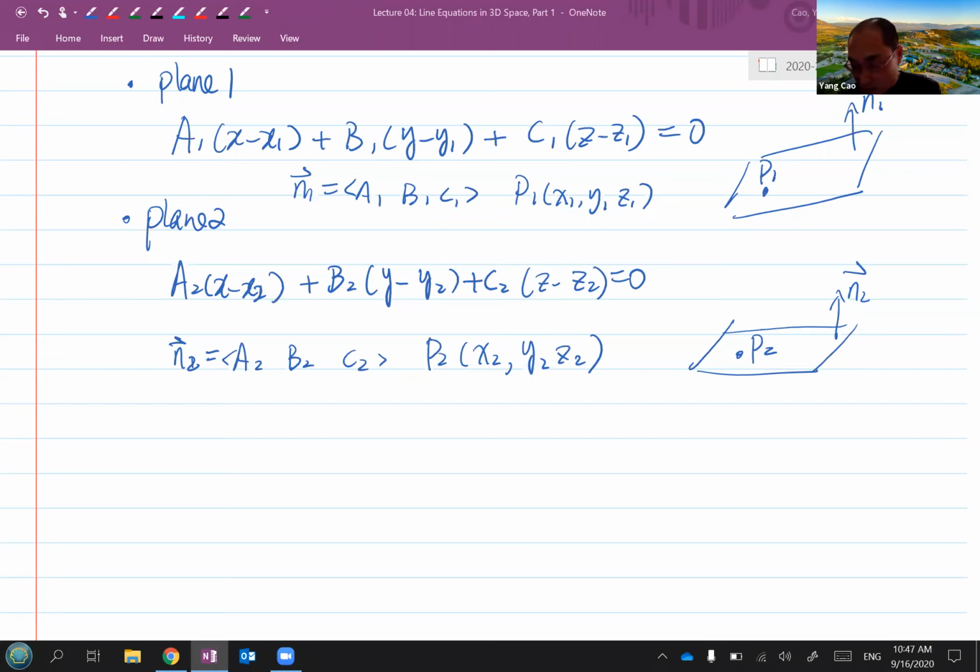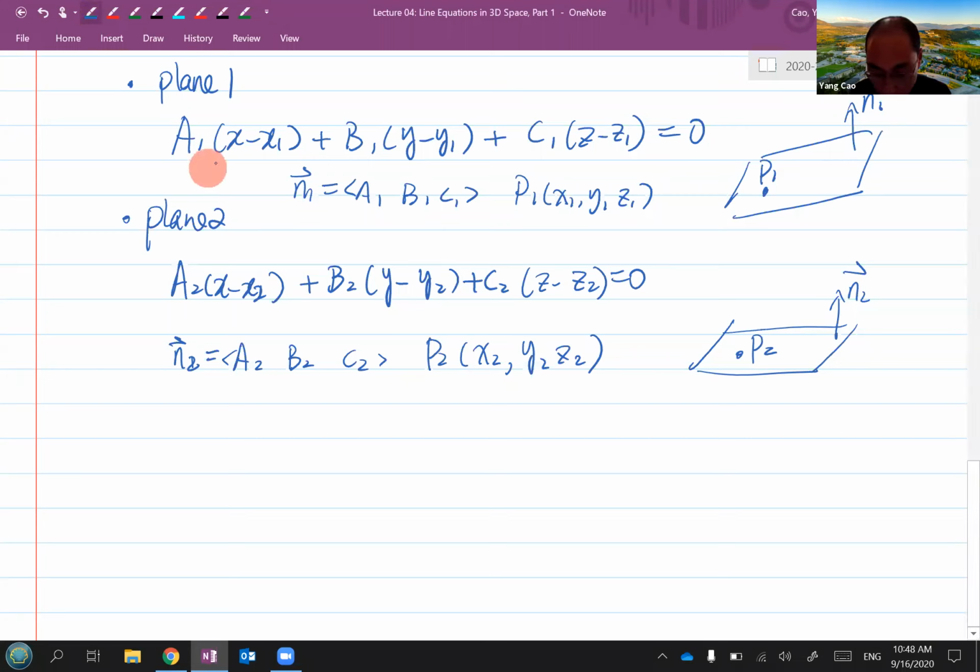So now the question here is, how can I quickly determine which one of those relationships holds between the two planes? In particular, by looking at the equations, you can quickly determine some of the really special relationships. So here's how you can do it.